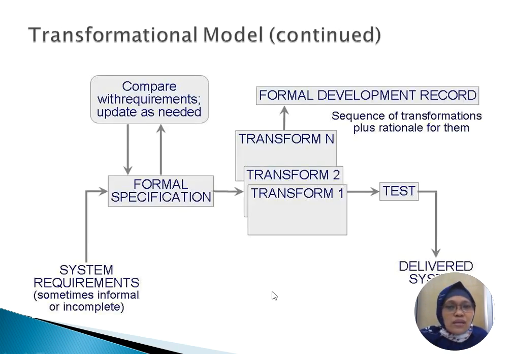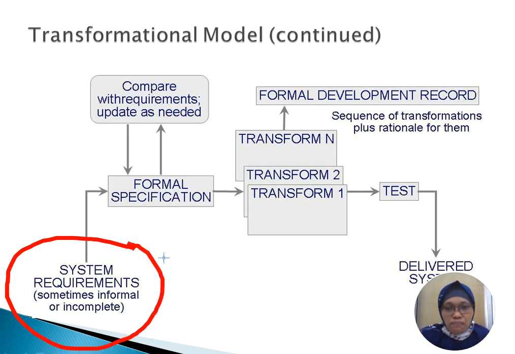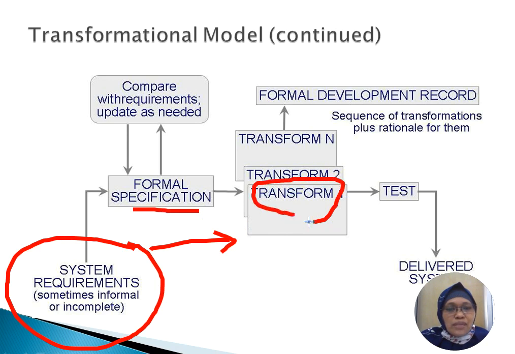From the system requirements, we can make an update to the formal development record, and we make a transformation. This is the formal specification, and we need the transformation, the update, and the test. After all of the transformations are conducted, we can deliver the system.